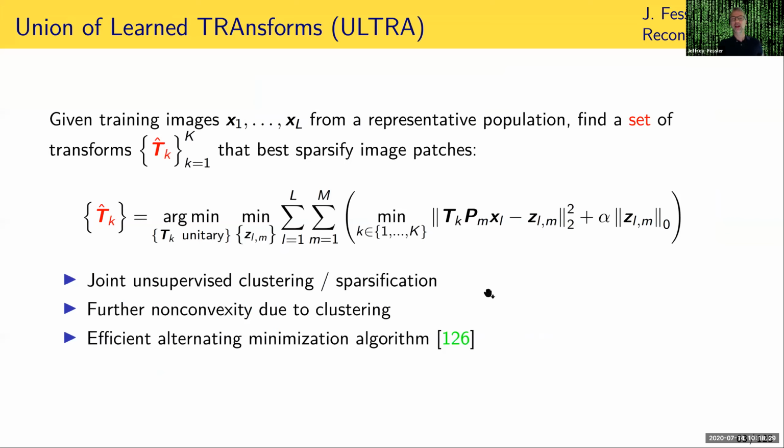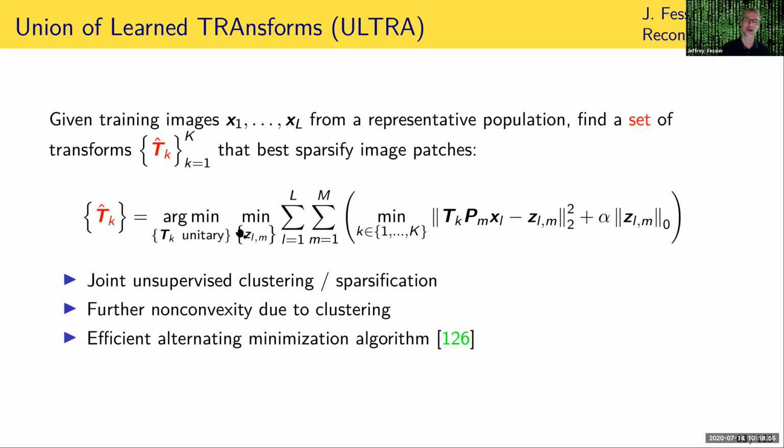And this is the actual learning process that we used. So instead of just learning a single sparsifying transform, we learned a set of, I think it was 5, sparsifying transforms. For each patch, we are trying all 5 sparsifying transforms and finding the one that best sparsifies that patch.